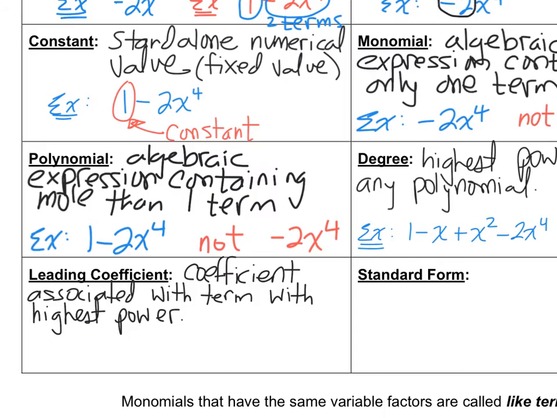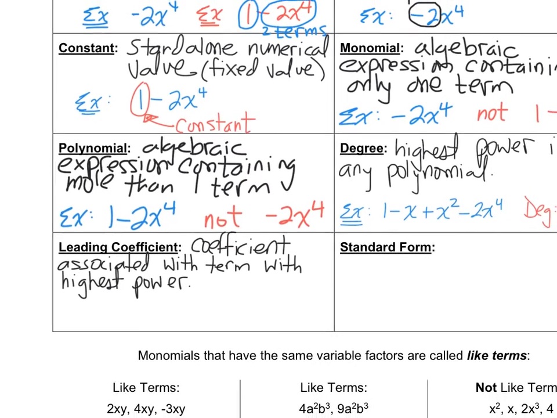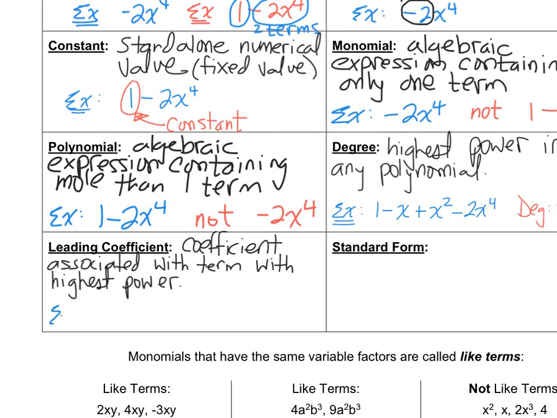And this is the source of pretty much any trick question in this unit. Right? Because an example would be something like, we have 1 minus 2x to the 4th plus x to the 3rd. So what would my leading coefficient be there?